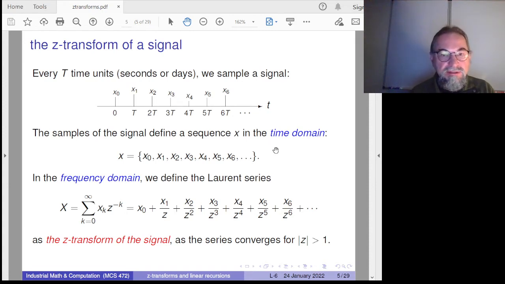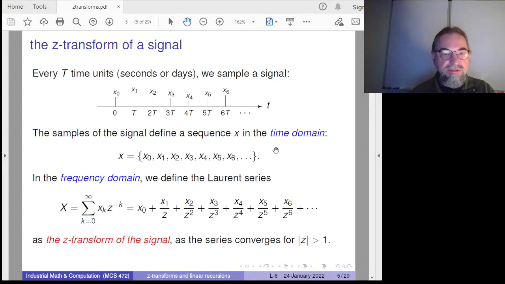So we look at the signal in the time domain, and then we will define with these numbers a series, a Laurent series, written here. Laurent means that the powers of z are negative, as this will be very convenient, as will become clear later.